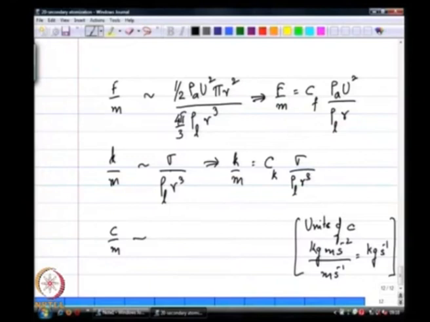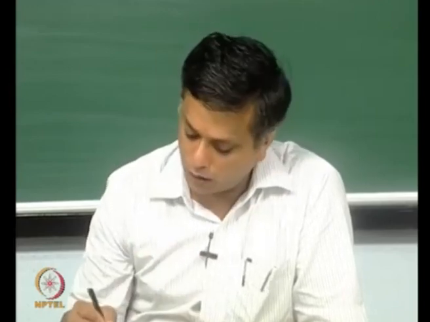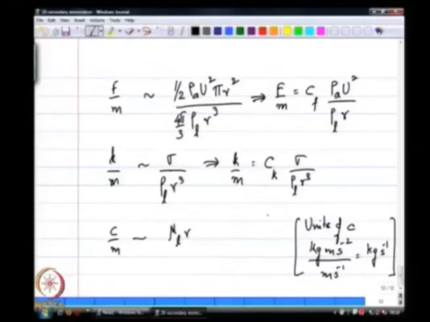So, I am going to reconstruct C to be dependent on the liquid viscosity: liquid viscosity times r, the drop radius, has the same units as kilogram per second, because the units of dynamic liquid viscosity are kilogram per meter per second.